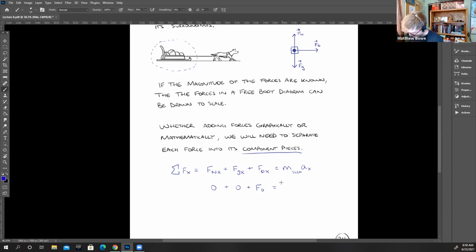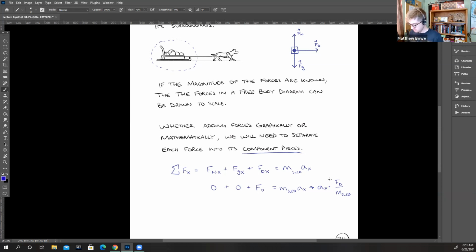That's equal to the mass of the sled times the acceleration in the x direction. From this point, you can see I can find forces or accelerations or even masses. Just for a quick example, I could rearrange as the acceleration in the x direction is the force applied by the dog over the mass of the sled.